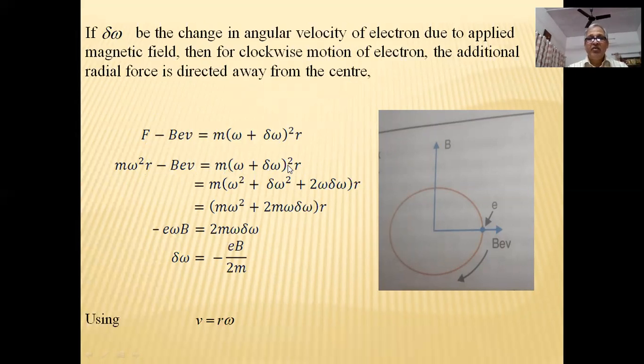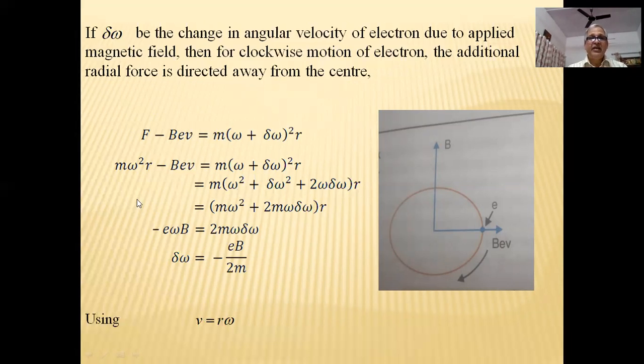Now we expand this square term, we get m omega square plus delta omega square plus 2 omega delta omega, into r. The value of delta omega is small, so delta omega square is very small and we can neglect this term.